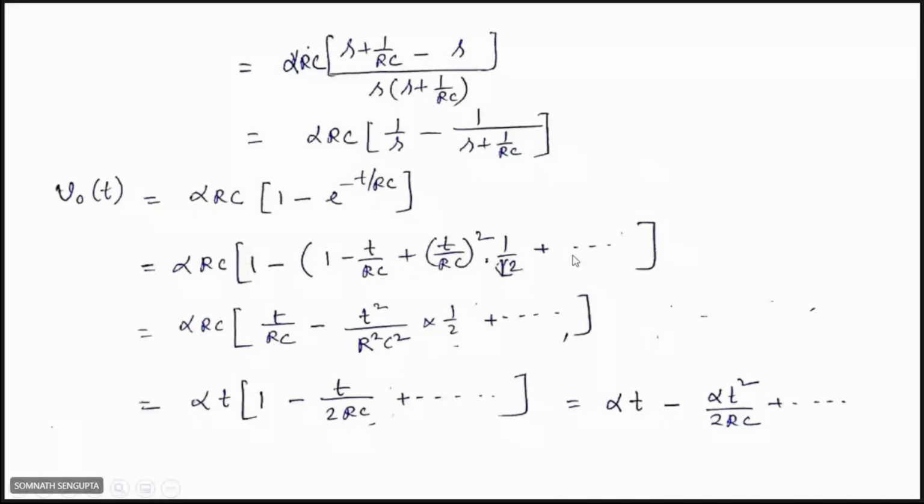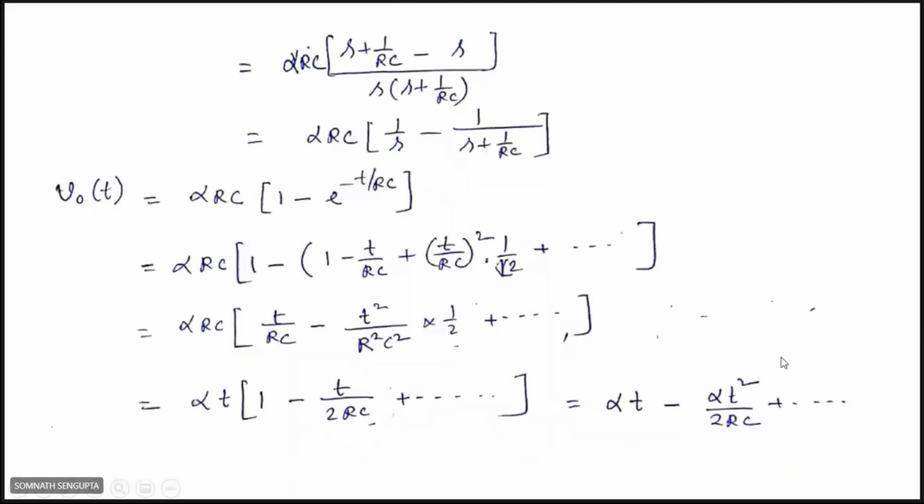Writing the series of e to the power minus t by rc, the 1 will cancel, so it is t by rc minus t square by 2 r square c square plus higher order terms. So we take alpha rc into this, and it becomes alpha t minus alpha t square by 2rc plus other terms. This is the output equation when a ramp input is applied.